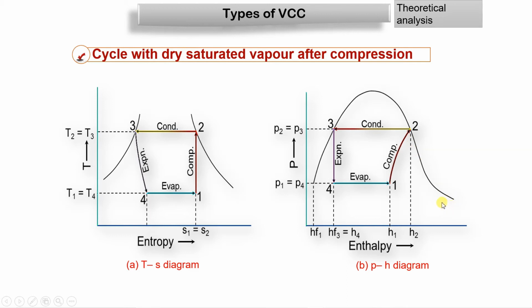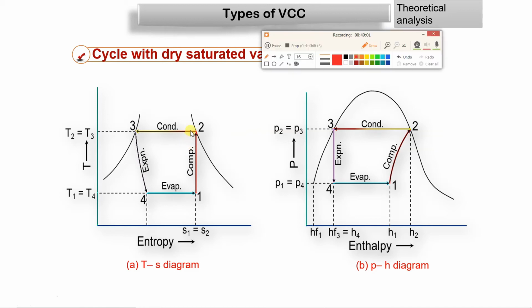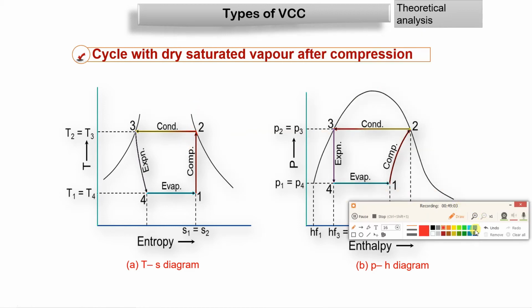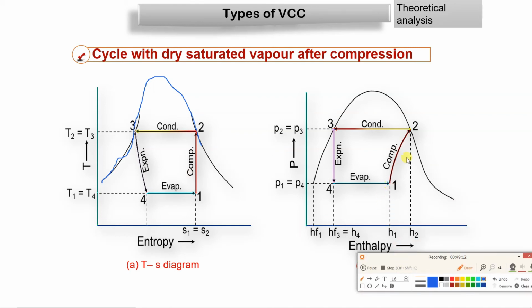Now understand the TH diagram, how to draw it. On the TH diagram, this is the vapor dome. Like this, there will be a vapor dome, and we have process 1 to 2 as isentropic compression. Since entropy is on the x-axis, 1 to 2 will be vertical. What happens during compression is pressure increases and temperature increases. So point 2 temperature is more compared to point 1.